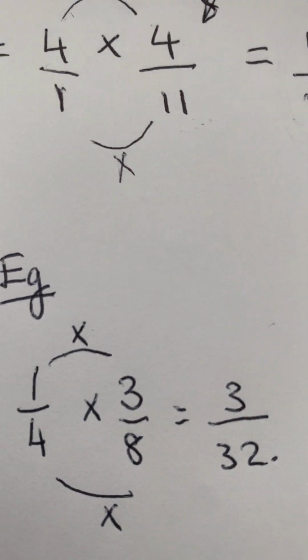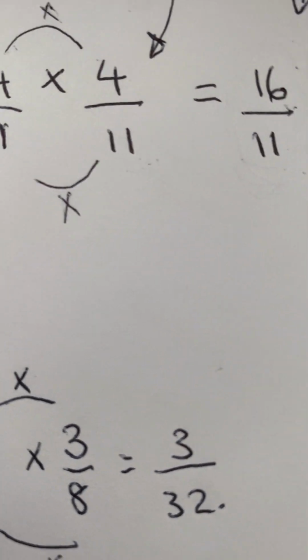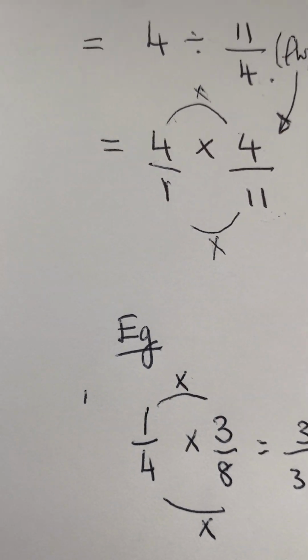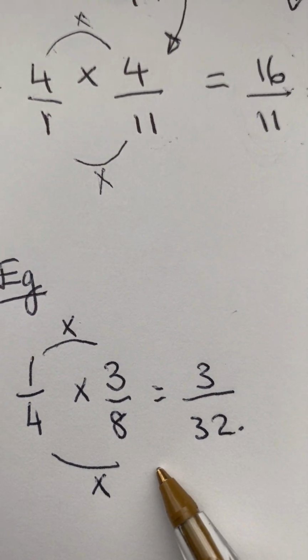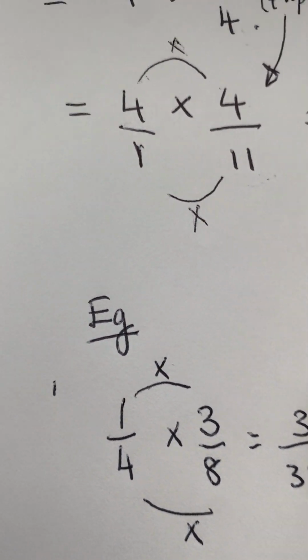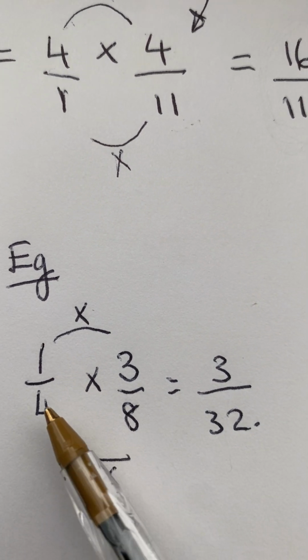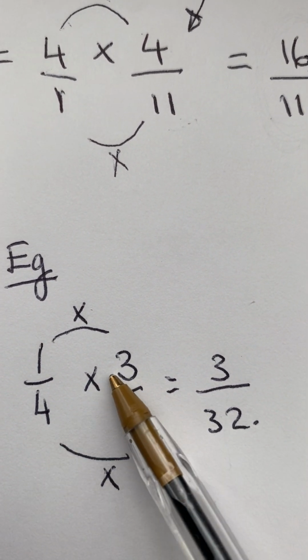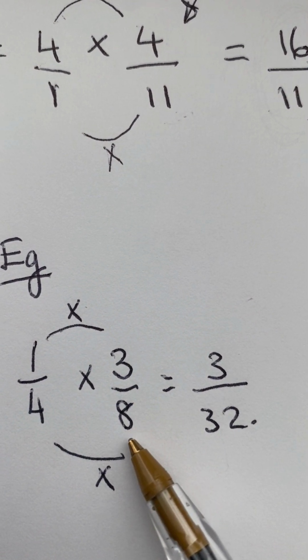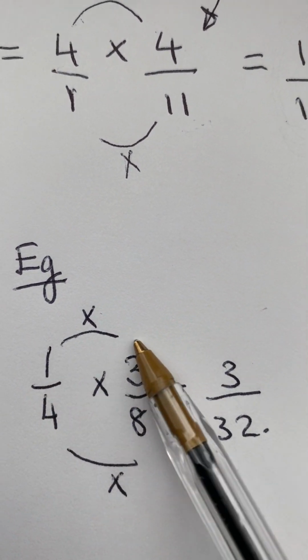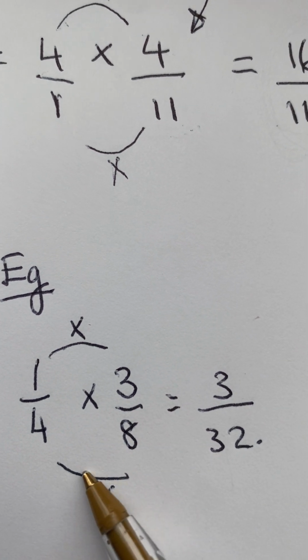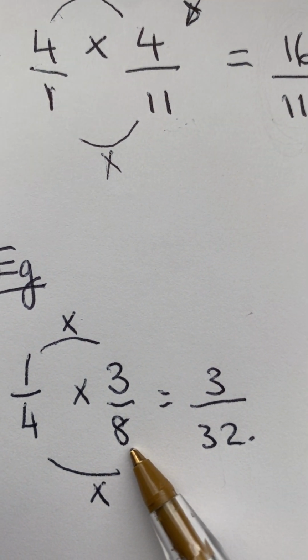Now let's look at simple examples before we finish today. The first example is multiplying. I have 1 over 4 times 3 over 8. We multiply the numerators and we multiply the denominators.